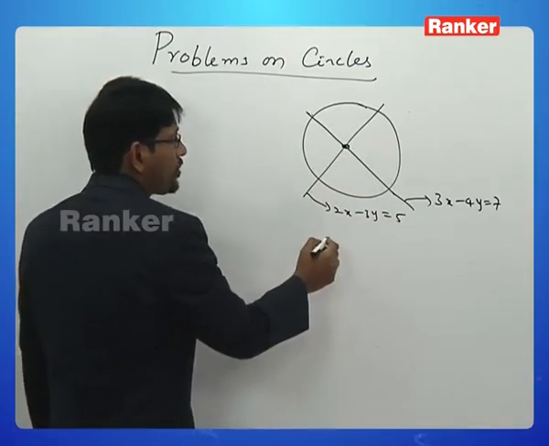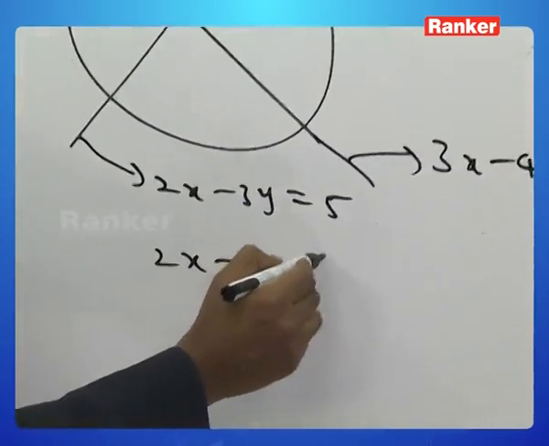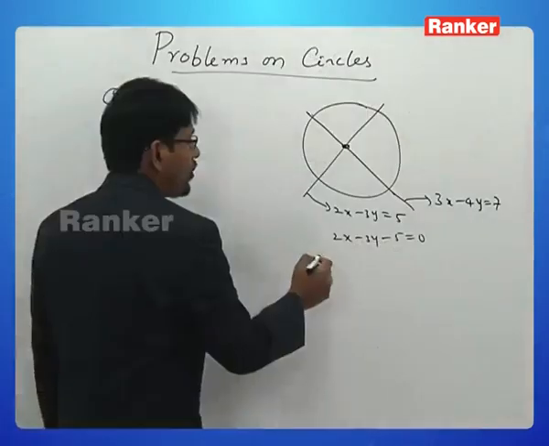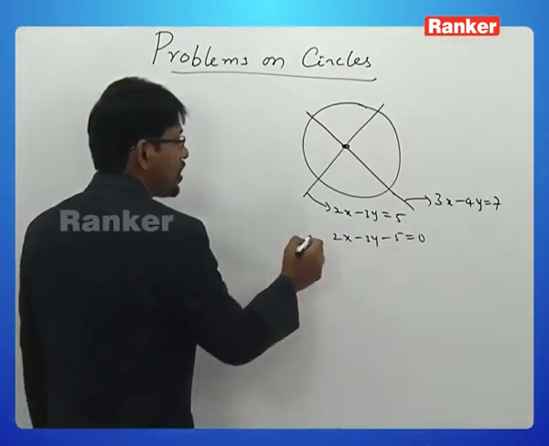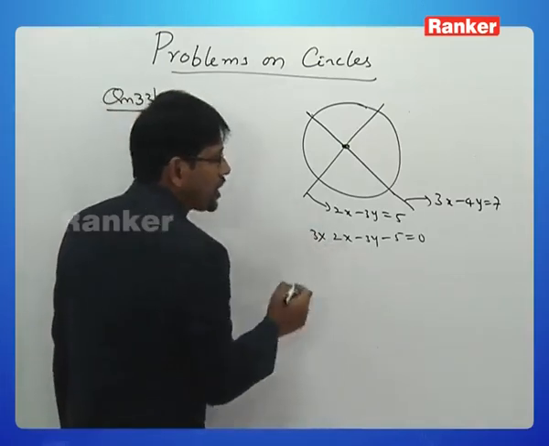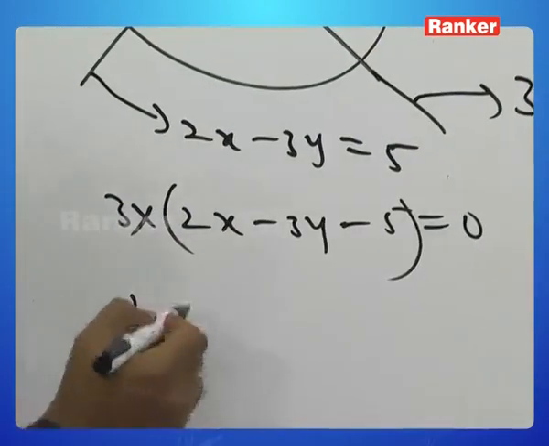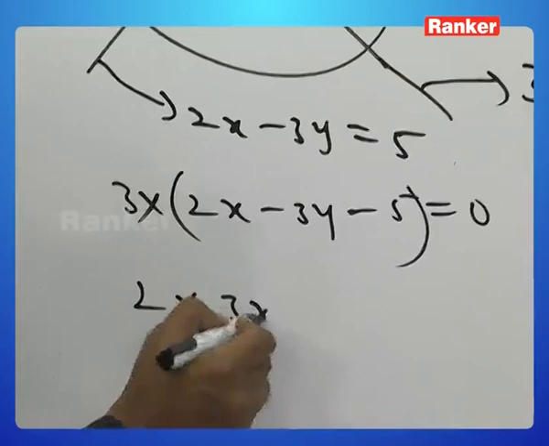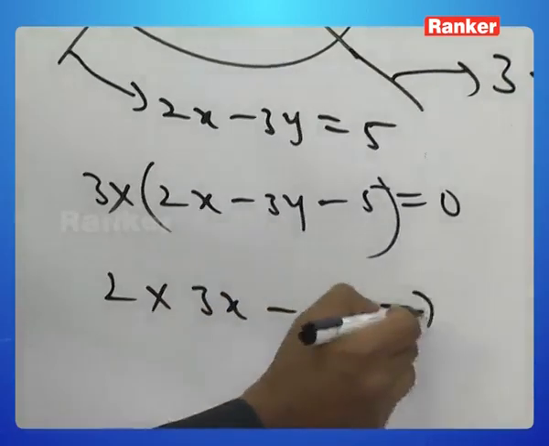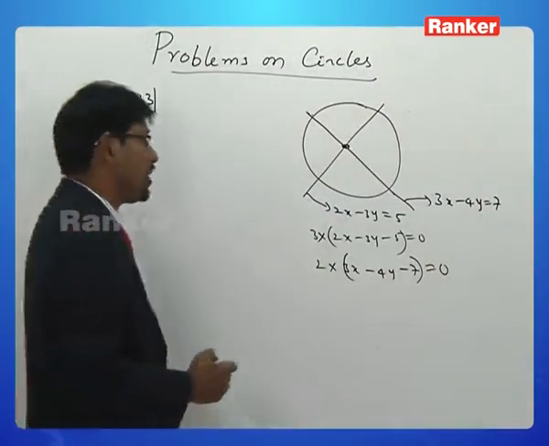So let's solve it. 2x minus 3y minus 5 equal to 0, and 3x minus 4y minus 7 equal to 0. Let's multiply the first equation with 3 and the second equation with 2, and subtract one from the other so that x gets eliminated.